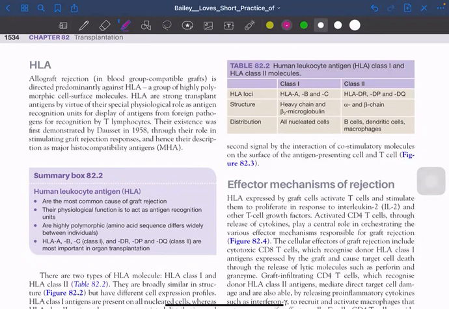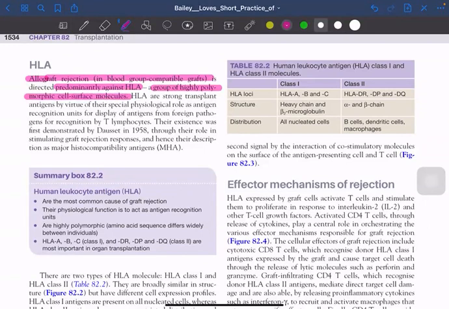HLA, a very important topic. The allograft rejection in blood group compatible grafts is directed predominantly against the HLA, and HLA are a group of highly polymorphic cell surface molecules.